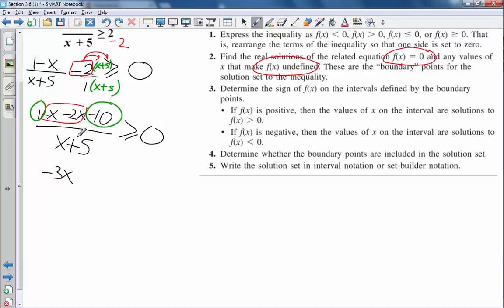And 1 and minus 10 makes negative 9, right? This is positive 1, negative 10, negative 9. X plus 5 greater than 0. Okay?